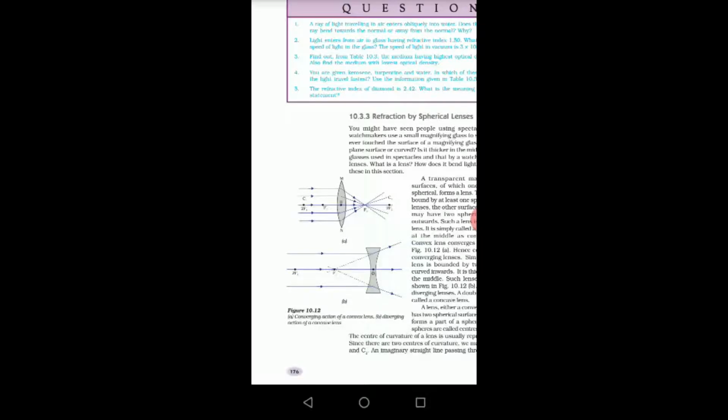On the left side of the lens you are seeing in figure A, F1 and 2F1. It means on the side of the object the focus is denoted by F1 and 2F1, and on the side of the image, means the next surface, the focus is F2 and 2F2.